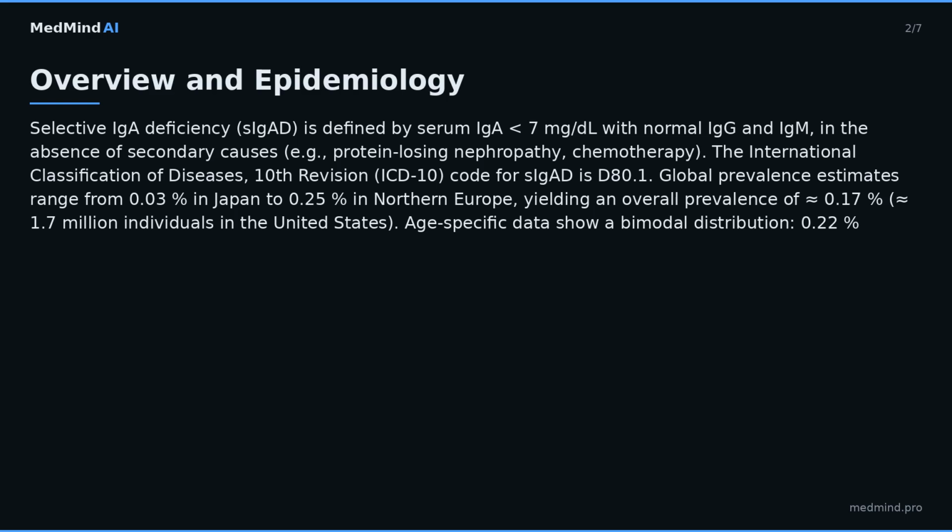Economic analyses from the United Kingdom National Health Service, NHS, estimate an average annual cost of £1,850 per sIgAD patient, driven primarily by recurrent infections, almost £1,200, gastroenterology visits, £350, and diagnostic workup, £300. In the United States, the median 5-year healthcare expenditure is $12,400 per patient, CDC 2022.